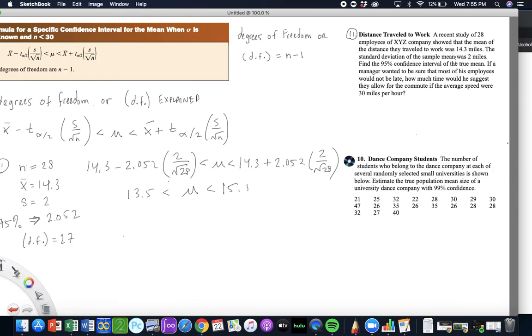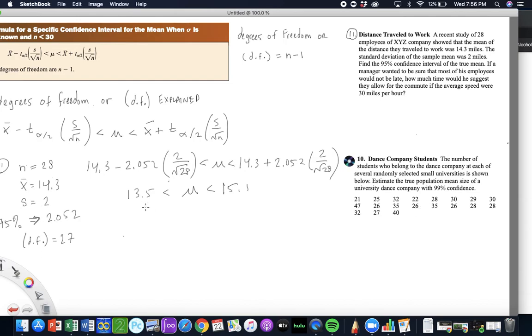So if you're given the sample mean in the problem, that's what we round to for our confidence interval. So you'll notice I round to the nearest tenth. On the next problem I'm going to do in the follow-up video, I'm given the raw data. In that case, I would go one more decimal place over from my raw data. So in this next problem, I'll do the nearest tenth.